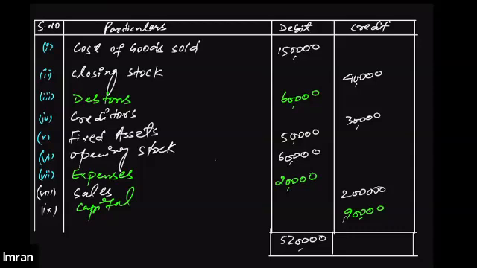I think I'm making some mistakes in there. Okay. This is not 2 lakh. All right. So totaling this, we will be getting 3,20,000.